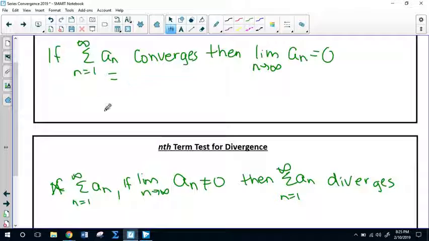Okay, so there's two things going on here. If this thing converges, then the limit must equal 0. If the limit equals 0, that does not mean that it converges. And if the limit down here does not equal 0, then the sum actually diverges.